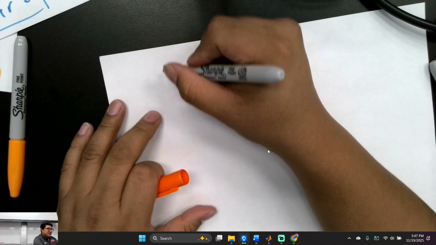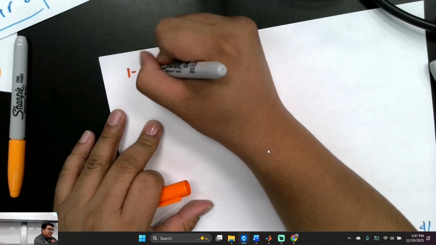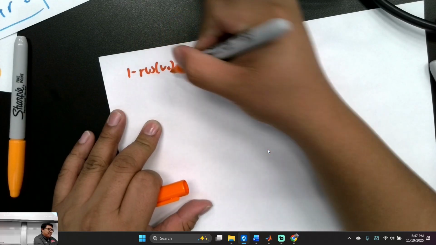And let's use our orange marker. I like orange. There's one way to rewrite this: 1 minus r cosine omega naught.